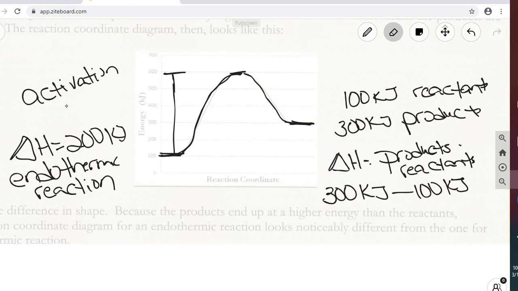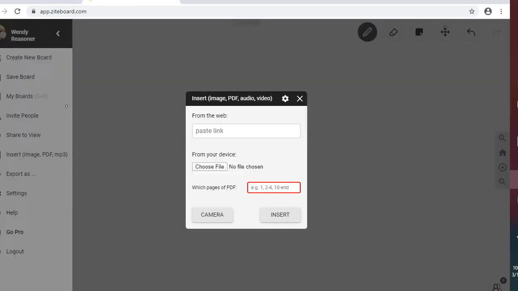Okay, there are a few more of these. There's actually a comprehension check, so let's look at that together. So we're going to do comprehension check number 6.